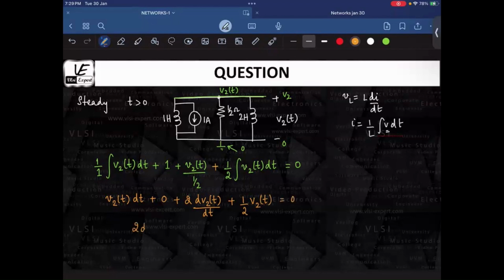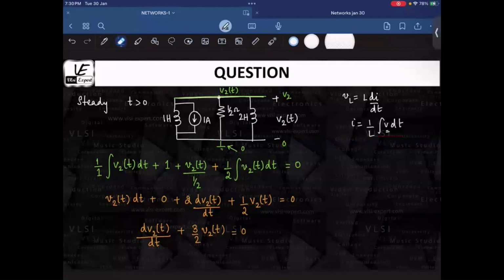So 2 dV2 by dt plus 3 by 2 V2 of t equal to 0. Or let us just simplify this and make this 4, and you get this expression. Is it okay?